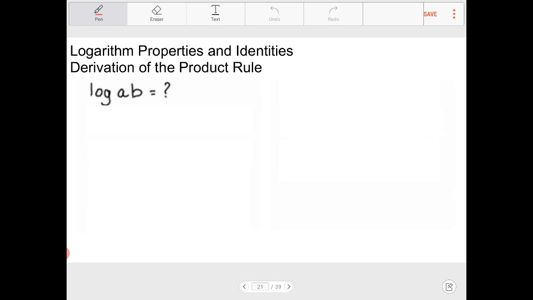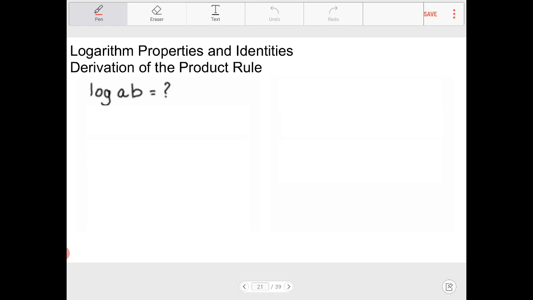All right, so what happens if the argument inside of the logarithm is a product? Again, I am going to try to come up with a relationship between A and B, and to do that, I will need to re-express this somehow.